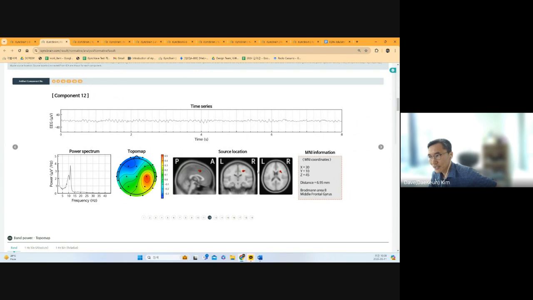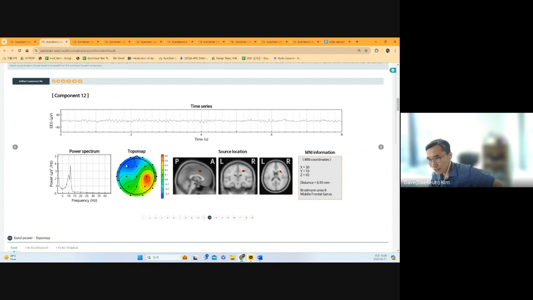You can see the right central and very high position. So the projection is like this, the right posterior direction. So we have the largest amplitude in here.